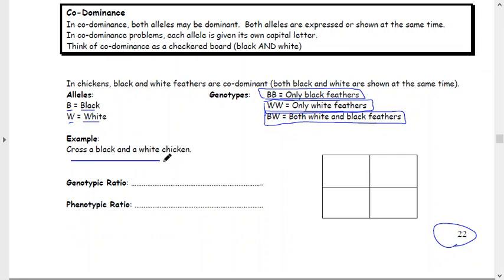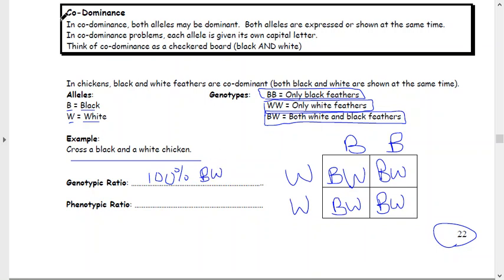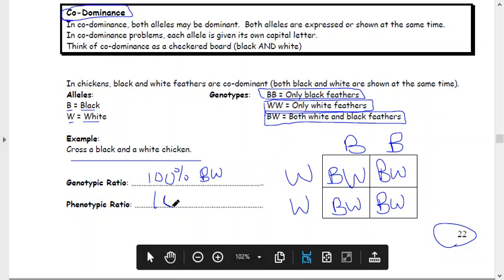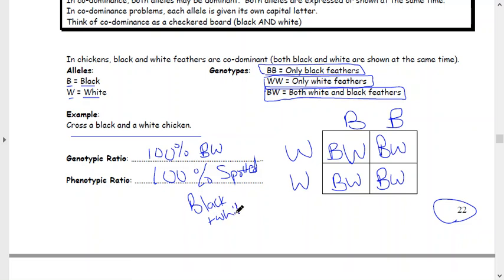So here, if you have a black and a white chicken, the Punnett square is pretty much the same Punnett square with just a B rather than an R. So we'll fill this in, and 100% of your offspring are heterozygous, but since this is a codominant trait, rather than getting gray, we're going to get, you can say spotted, you can say speckled, you can describe it however you want. I'm going to specify that it's spotted black and white.